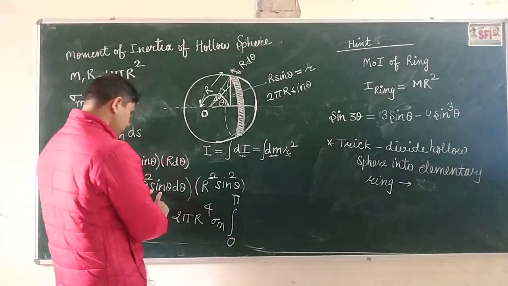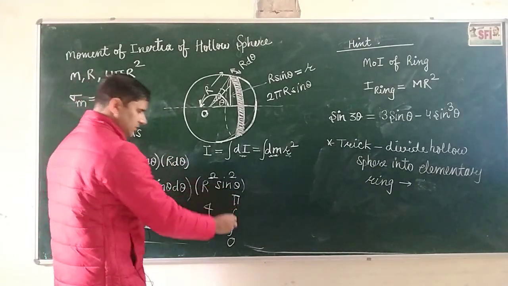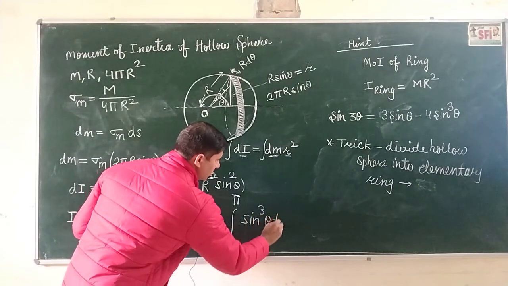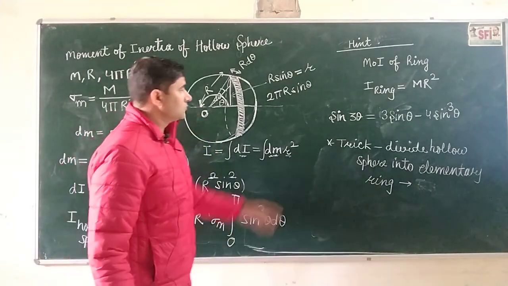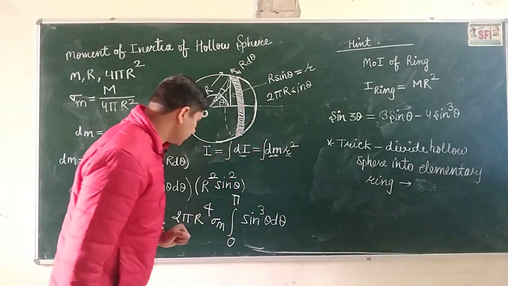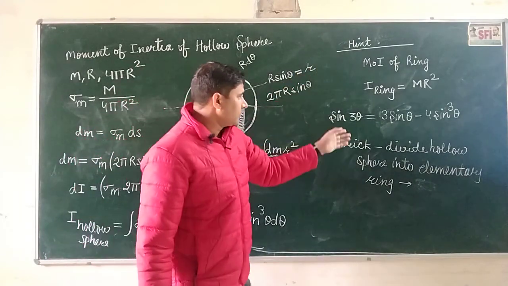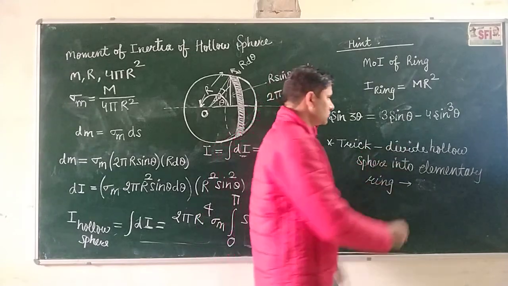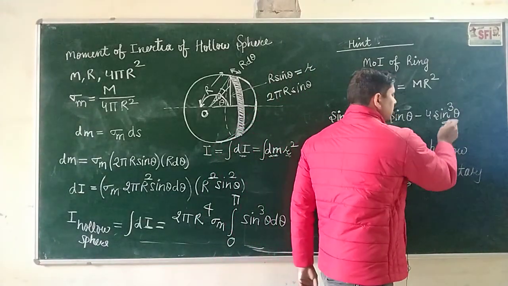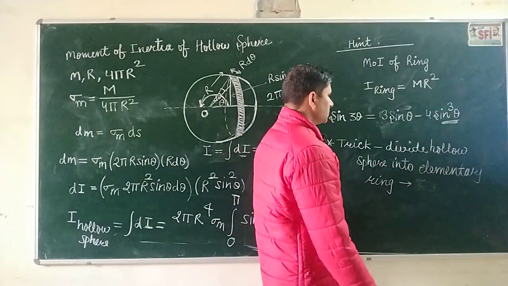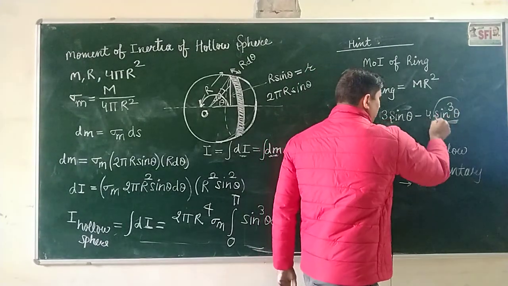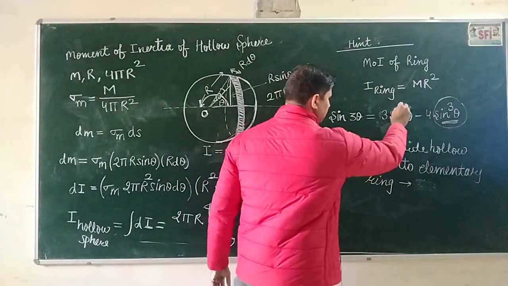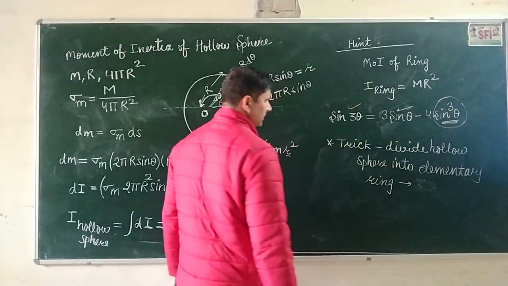Okay, and then you have sin theta into sin square theta, that is sin cube theta, into d theta. So further, I have written here the formula of sin 3 theta. Okay, because you are to find the value of sin cube theta, and from this relation you will find the value of sin cube theta in terms of sin theta and sin 3 theta.